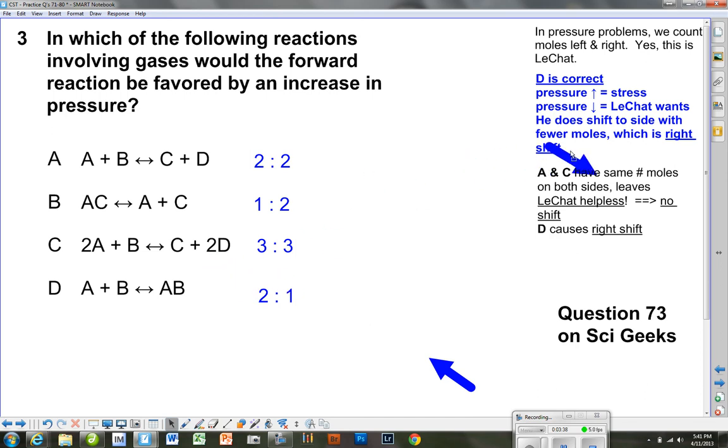Now A and C have the same number of moles on both sides, as you can see here, 2 and 2, 3 and 3. Le Chatelier is helpless, and he can't do any shifts at all, because there's no side with fewer moles, so he can't do a thing. In letter D, it causes a right shift, and so that's no good. That's going the opposite of what we want in the question.